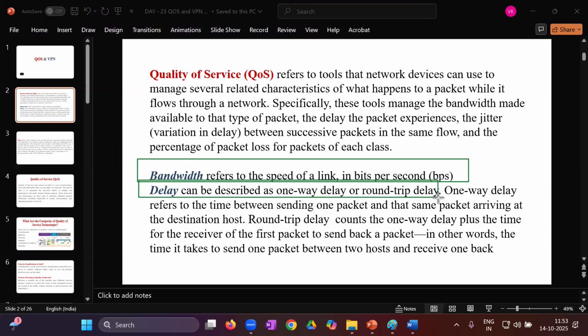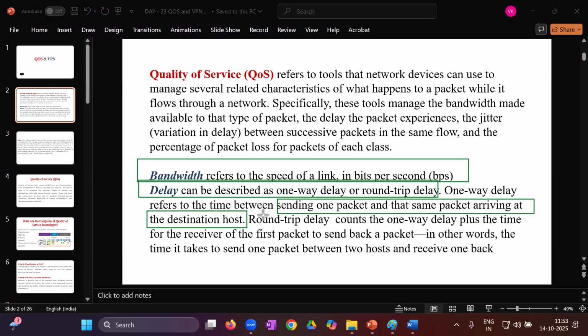One-way delay refers to the time taken for sending one packet and the same packet arriving at the destination. For sending and receiving, we can say it is a one-way delay.